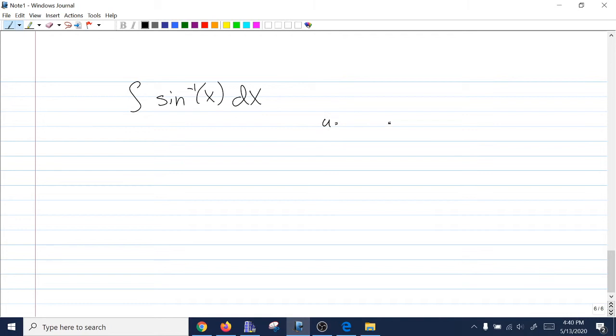Hey, if you don't know the derivative of sine inverse, you should go learn that. u is gonna be sine inverse x. dv is gonna be everything else, and now everything else is just dx. Okay, that's not too bad. If u is sine inverse x, then what's du gonna be?